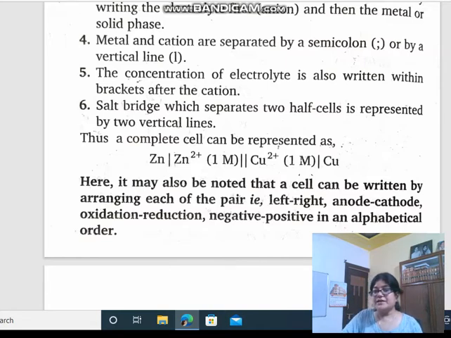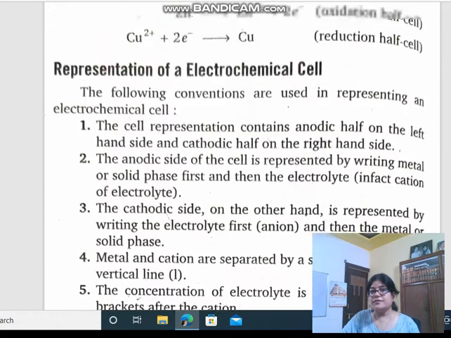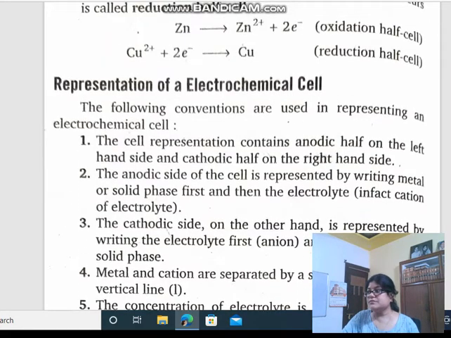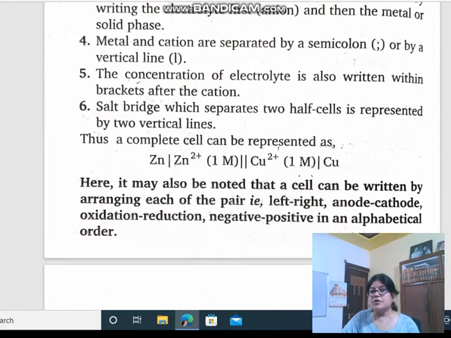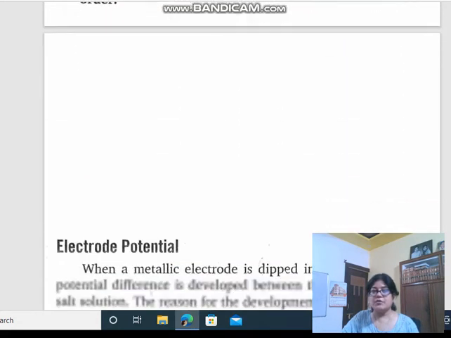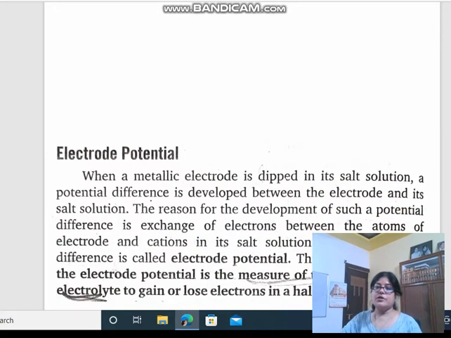So in this way we can see that on the left hand side we write the oxidation, in case of zinc, and in case of copper this is reduction. So on the left hand side we write oxidation, on the right hand side we write reduction. On the left hand side we write the negative, and here we write the positive.